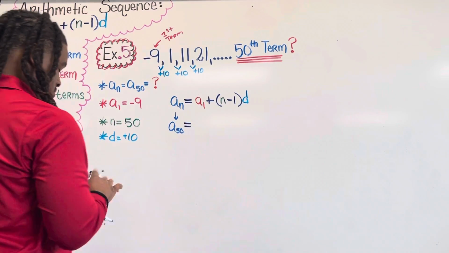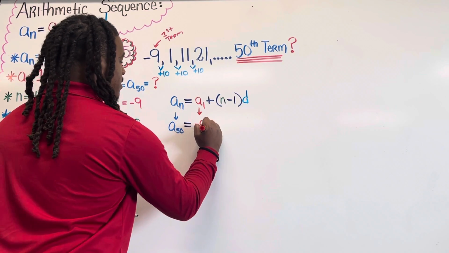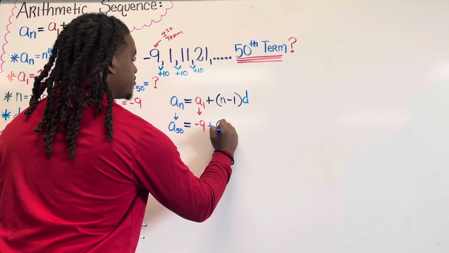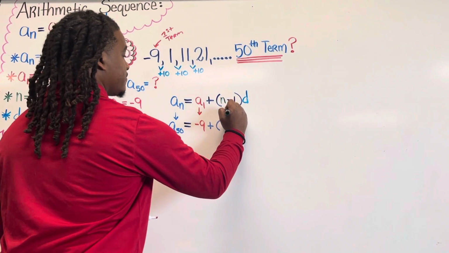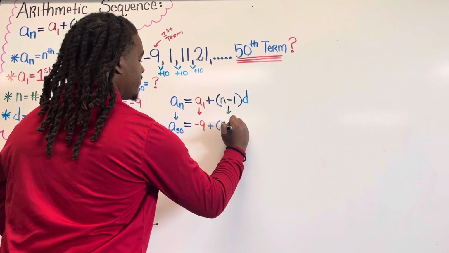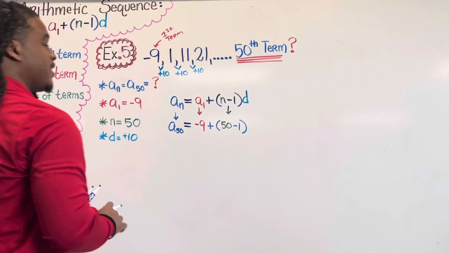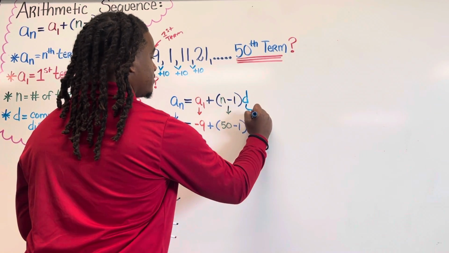Equals A1, which is the first term, is -9, plus parentheses, n is 50, so it'd be 50 minus 1, times the common difference of 10.